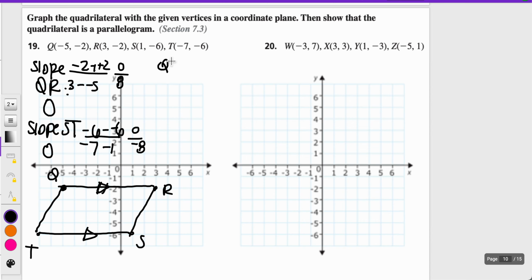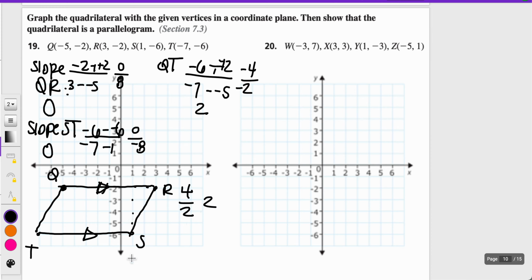So for QT, I would do -6 minus -2 over -7 minus -5. That's going to be -4 over -2, so that's +2 as my slope. And then SR, if I just count up 1, 2, 3, 4 over 2, I also get 4 over 2, so that's also the same slope. So yes, it's a parallelogram.